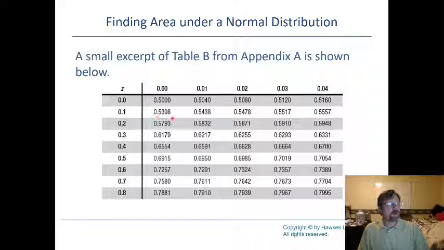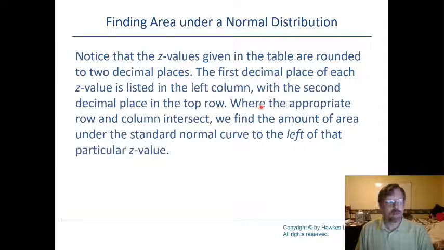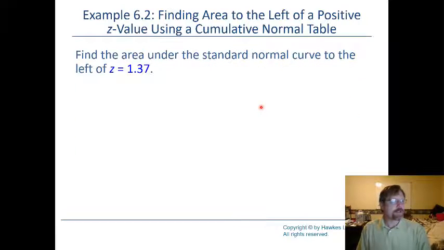So this would be 1.0. So 0.1, 0.11, 0.12, 0.13. So you've got the first decimal point in this, and it gives you the row. This decimal point after that gives you what column you're after. Which I just explained.